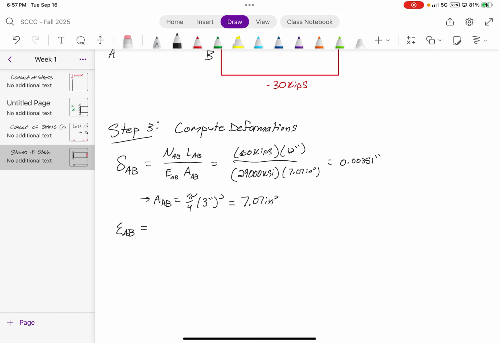Exactly. So it's 0.00351 inches, the change in length, divided by its original length of 12 inches, which gives us a very small strain of like 0.0003. Very small.